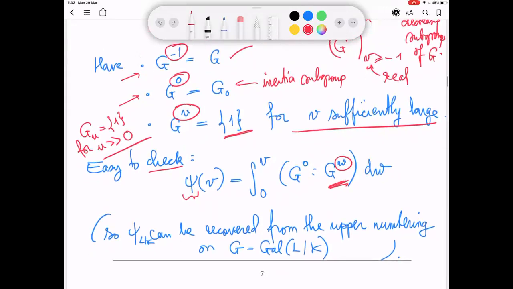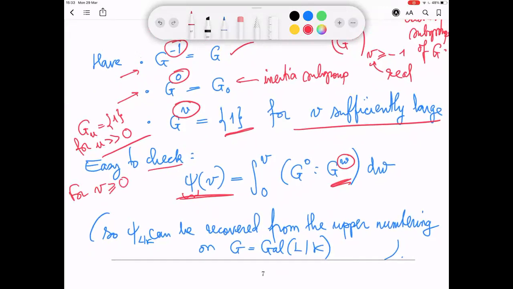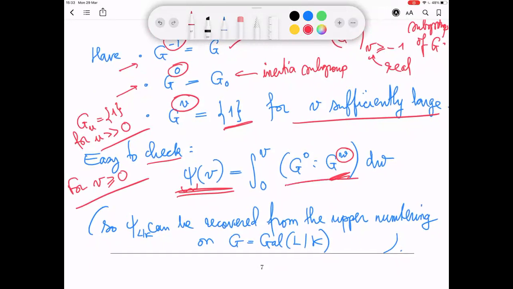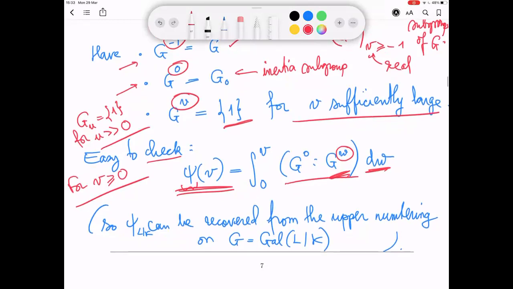In the sense that for V greater than 0, psi of V is equal to the integral from 0 to V of the index of GW in G0 dW, right?